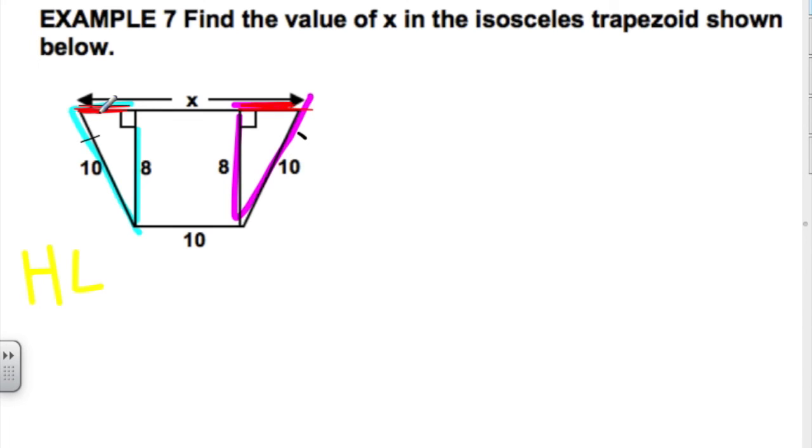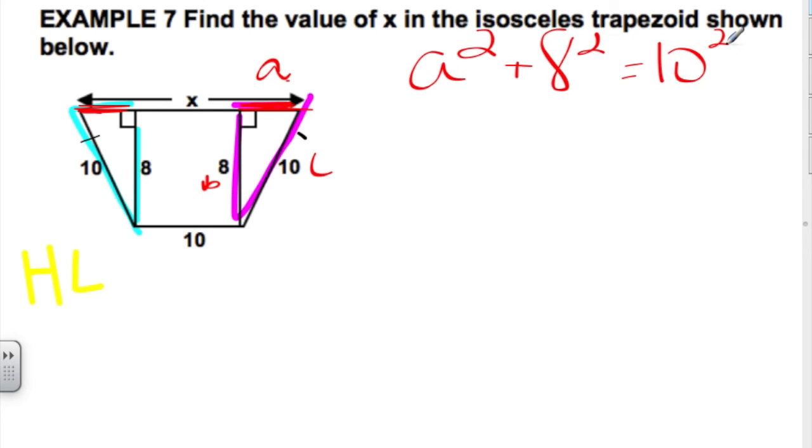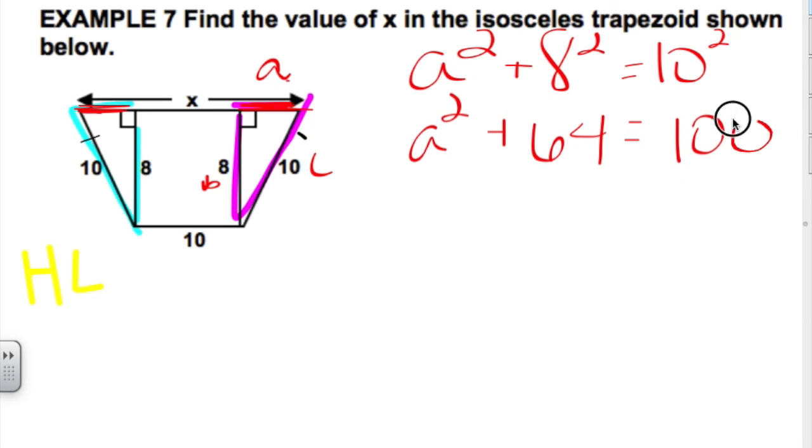So I'm going to use Pythagorean theorem to solve for those smaller pieces right here. So I know I have A, B, and C. So I have A squared plus 8 squared equals 10 squared. A squared is just A squared. 8 squared is 64, and 10 squared is 100.